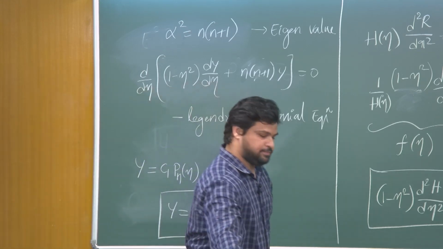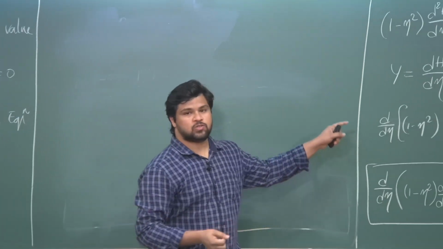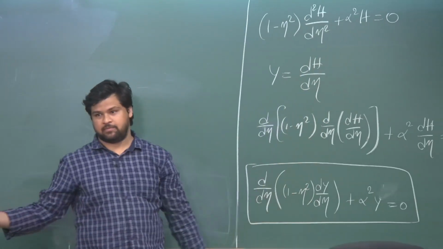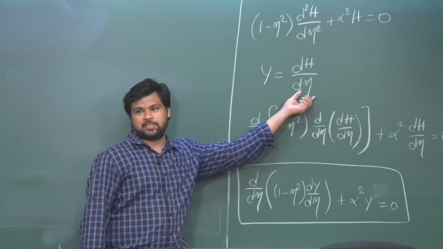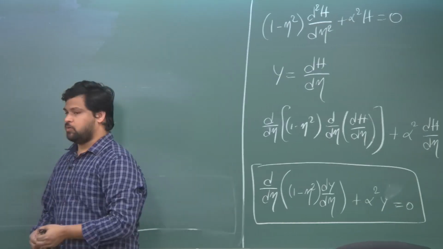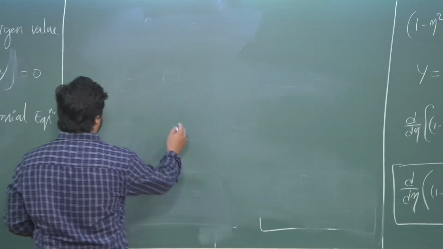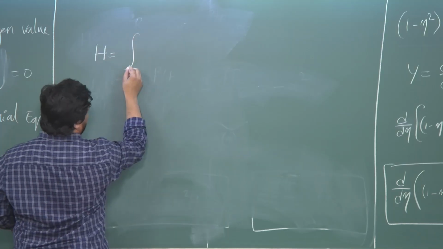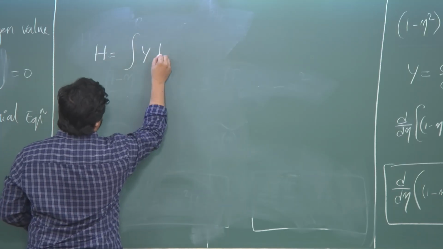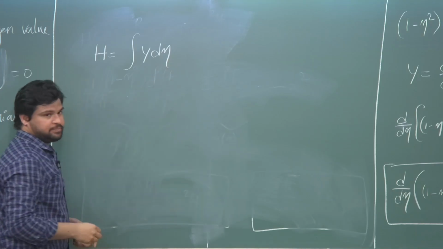If you see the problem, we need to solve for h, and we got the solution in terms of y. The transformation is y equal to dh by d eta, so if you want to convert back, it will be h equal to integral of y d eta.